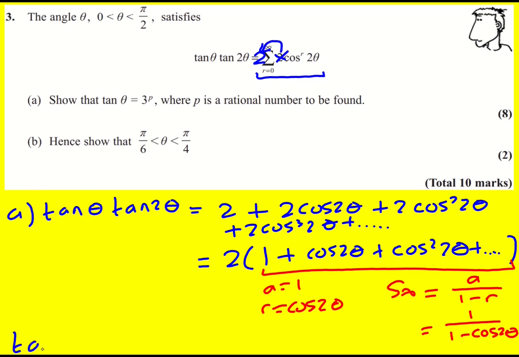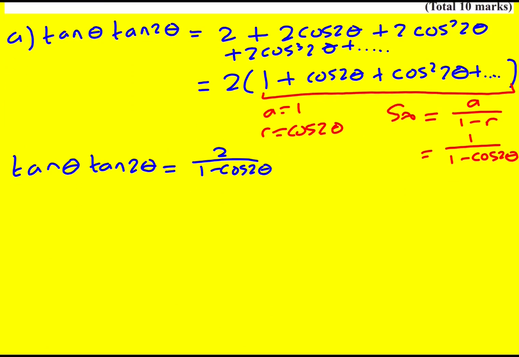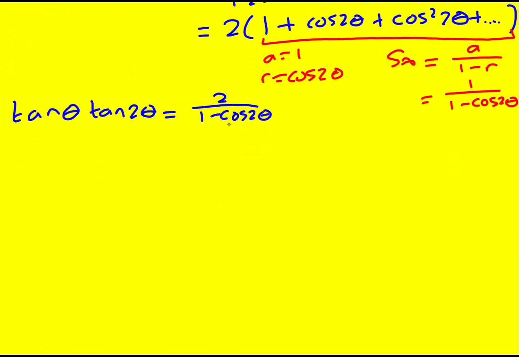So that means tan theta tan 2 theta is equal to 2 over 1 minus cos 2 theta. Now remember, we're trying to solve for tan theta, so I'm going to try and keep everything in terms of tan. Let's investigate the double angle formula for cos 2 theta.